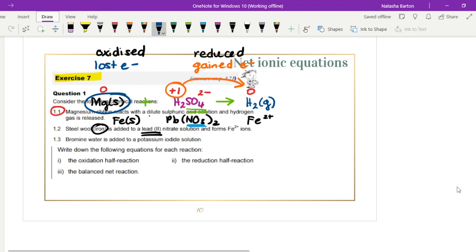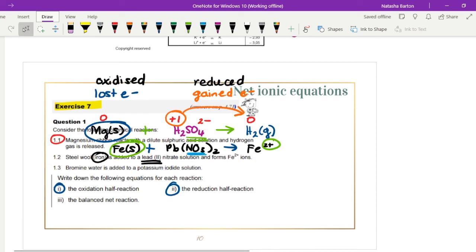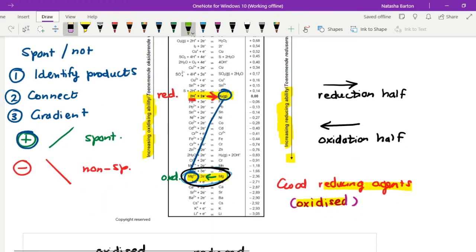Okay, so we have our reactants, and one of the products is ions. We need to write down the oxidation half reaction and the reduction half reaction. What is important here is your iron forms a charge of +2. I want us to go up to this table, and I want you to take note of quite a few things.